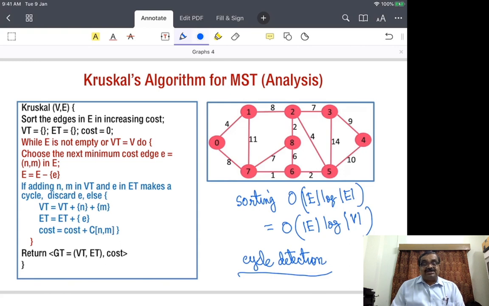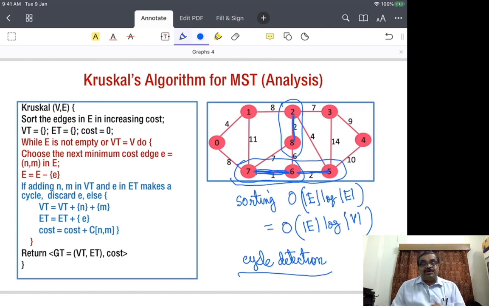As soon as I connected these two, this became one set. Again, when I connected this and this, these two became the same set. Then when I connected this and this, these two became the same set.